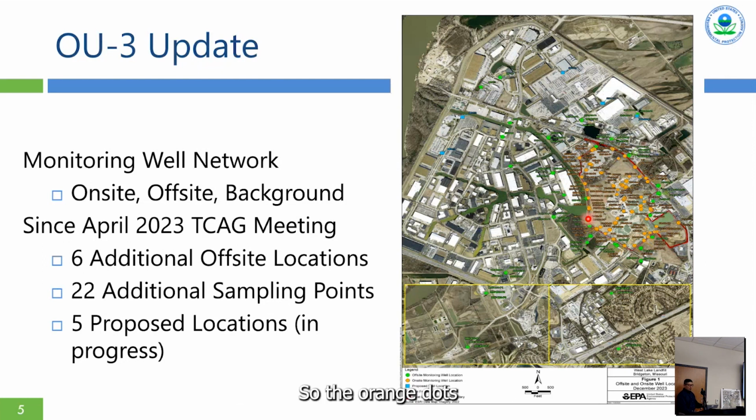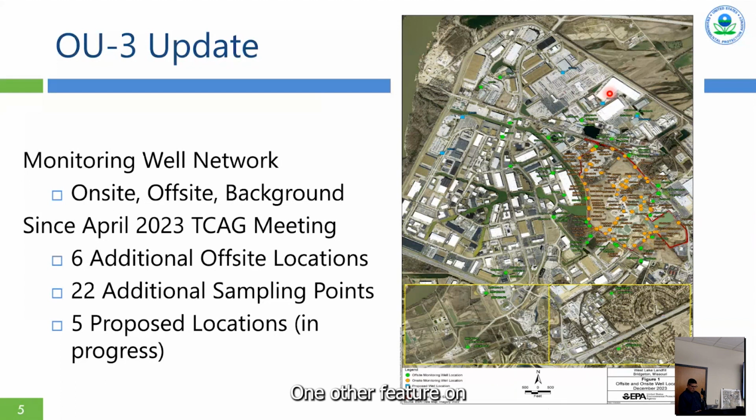The orange dots represent on-site wells, and the green circles are off-site wells, which includes the background wells. A little hard to see, but in these yellow outline boxes at the bottom, they show that we have background wells located 2 miles south of the site. And then there are some background wells just within half a mile east of the site.